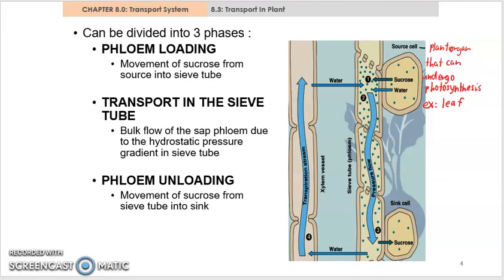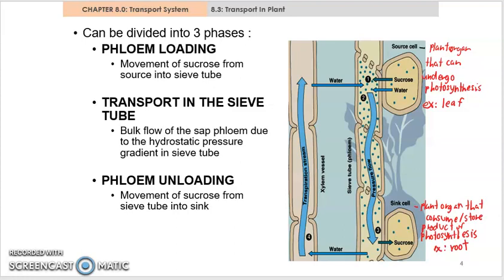Kalau untuk sink cell, actually this one kita refer kepada plant organ, ataupun a part of plant, that consumes ataupun stores the product of photosynthesis. What is the example of sink that you can give? The example is root.